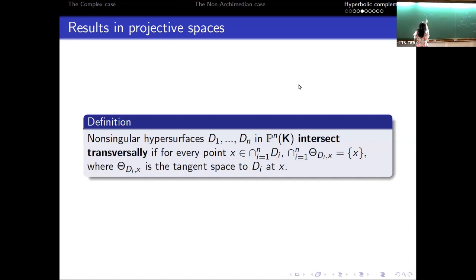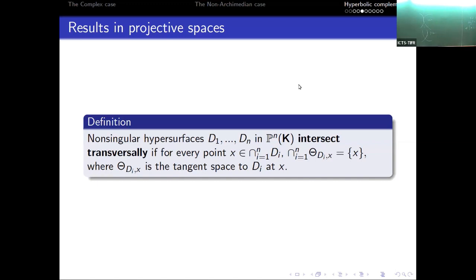If they intersect like this, it is not transversal, because they have one common tangent here. But if it is like this, then it is transversal. Okay, so this is not, and this yes.